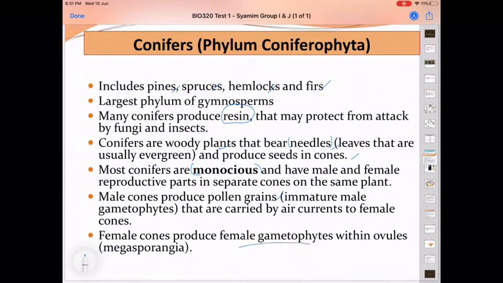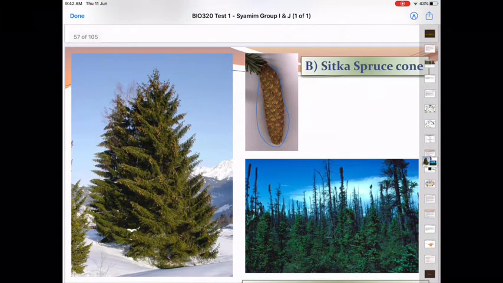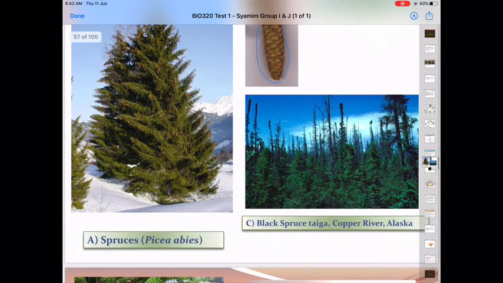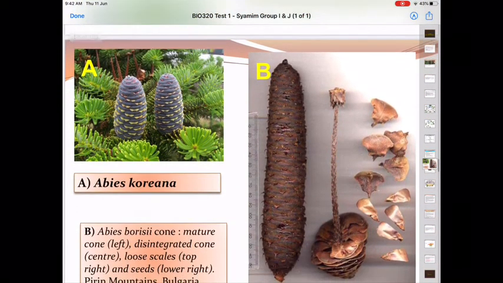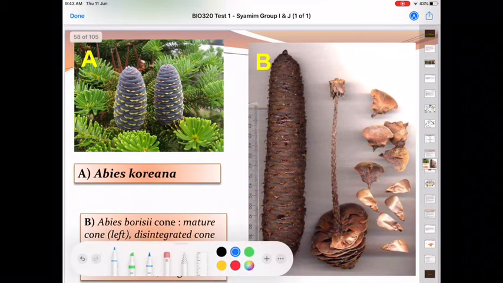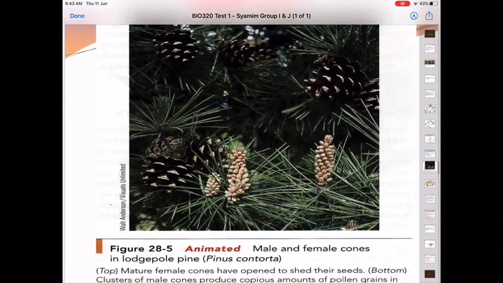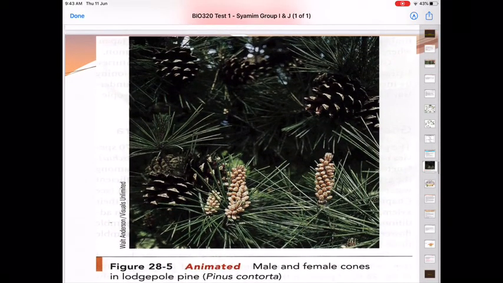The female cones produce female gametophyte within the ovules, which we call megasporangium. Example, Pinus contorta, the male and female gametophyte.